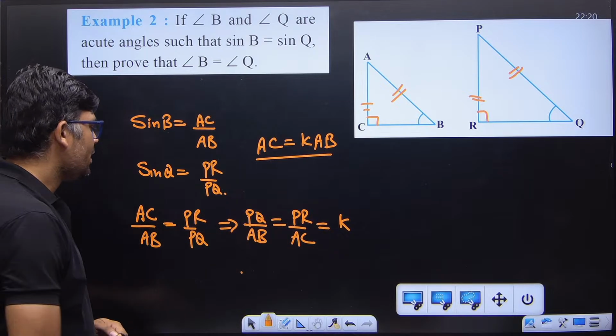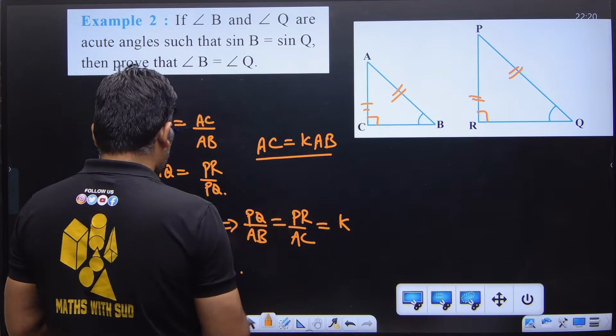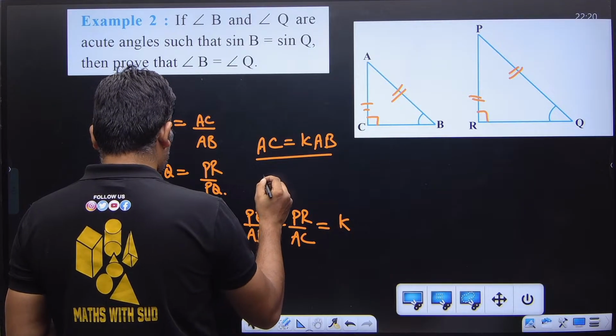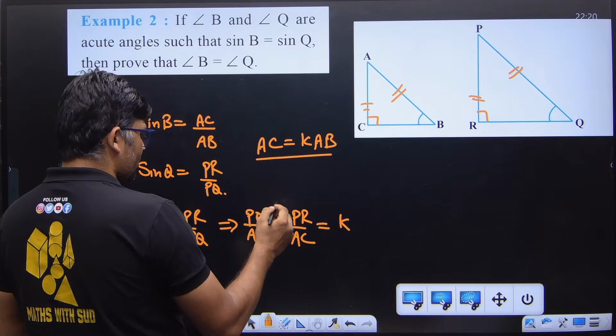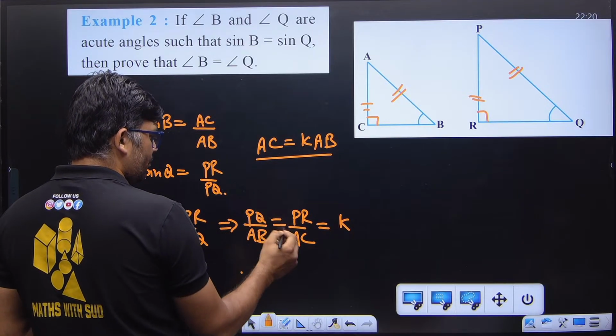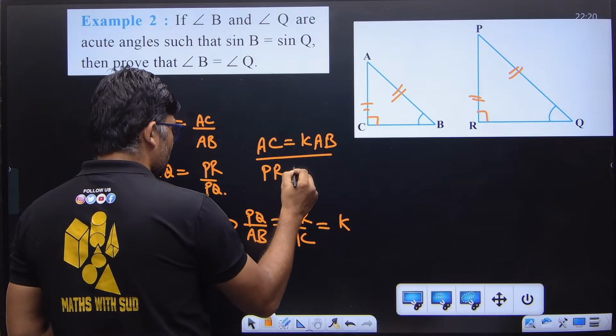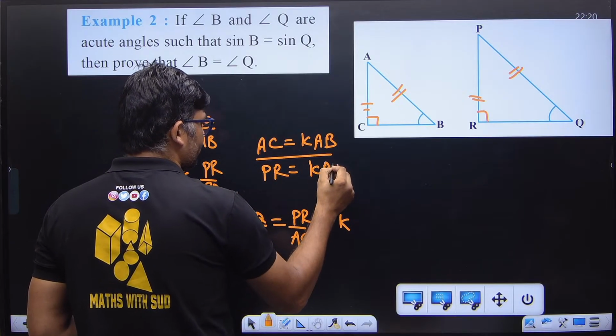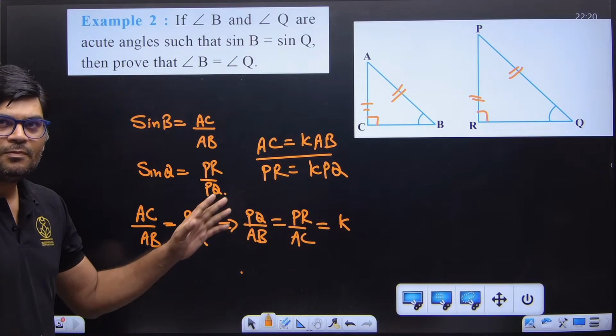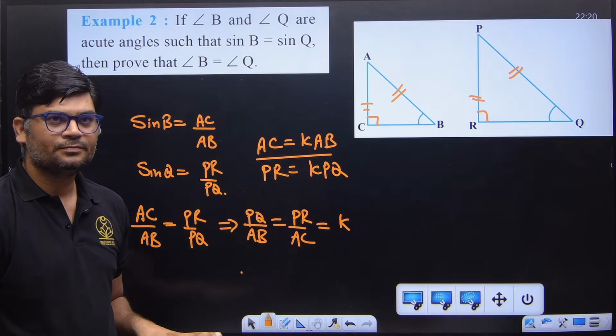Again, PR will be equal to KPQ. Are you getting this?